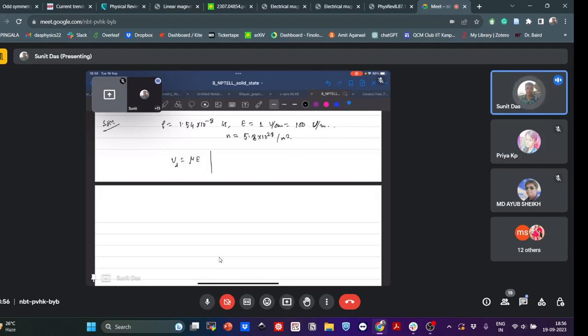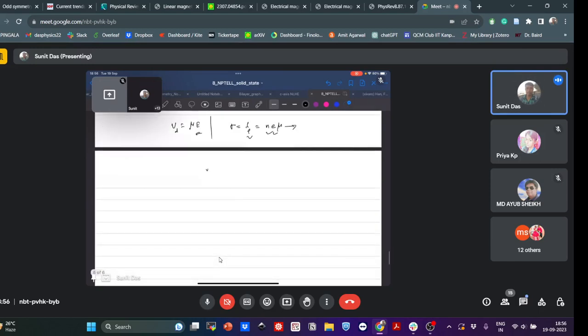Now mobility we do not know, but electric field we know. So we have another relation, which is sigma equal to 1 by rho equal to n e mu. Rho we know, n is given, electronic charge we know, so we can extract the mu, right? So then mu is 1 by rho n e.